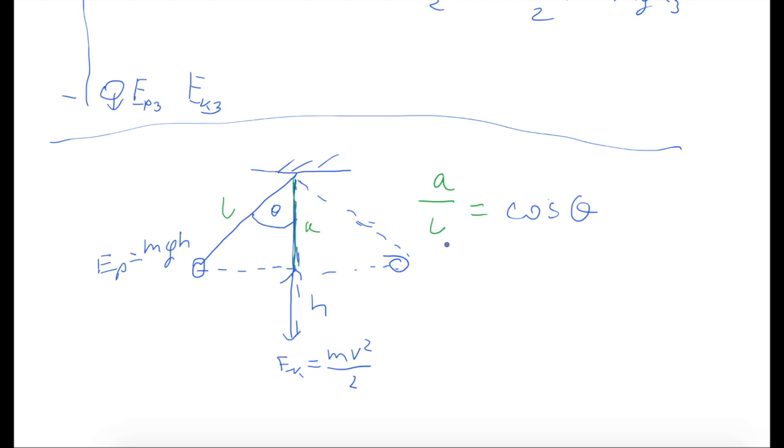So we can use that formula to find the distance, the length of distance L, and you can use that distance L to calculate your height, because height is equal to length of the pendulum minus A. So we can use this to find the solution to the third problem.